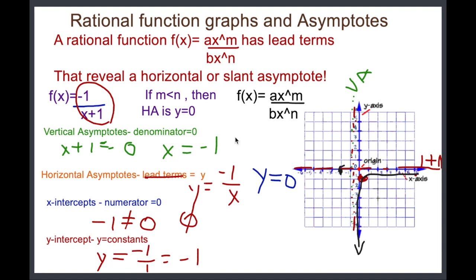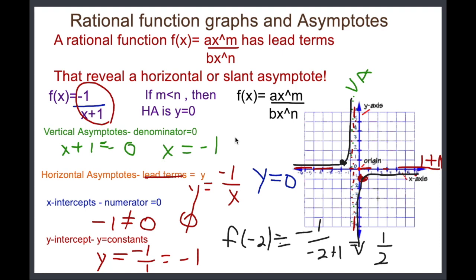I'd have to plug it into the function and see what number it would give me out, whether it's positive or negative. We'll find out. Looks like it is 1 over 2. It is positive. So that tells me that this would be positive 1/2 right here. So let's erase the intercept. There we go. And now that tells me that the upper part of the left side of the hyperbola will be like that.